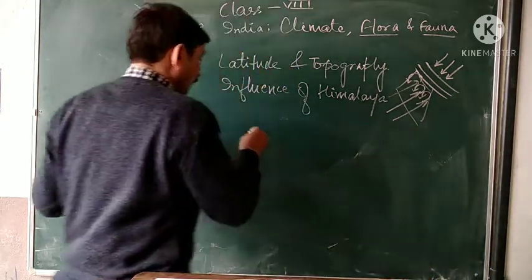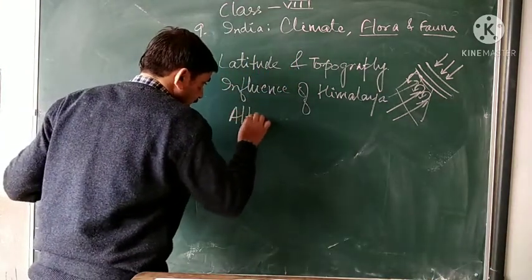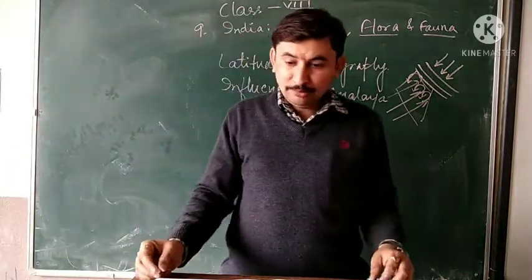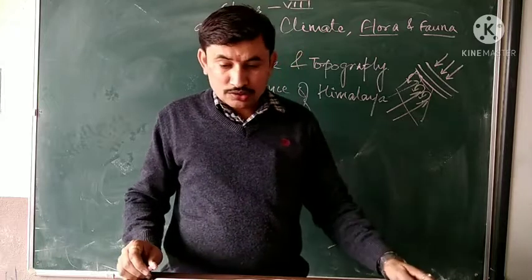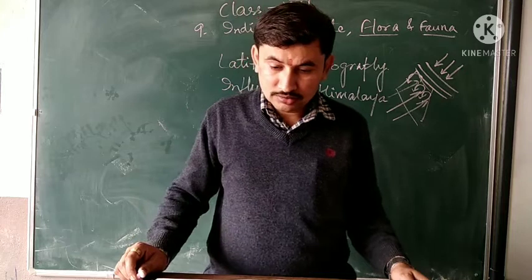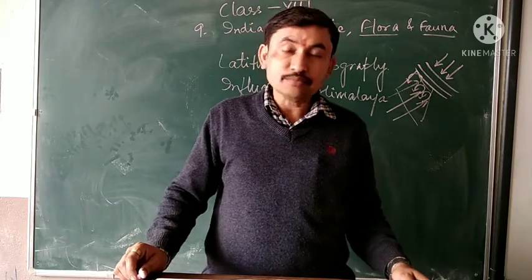Next one is altitude. The temperature decreases with the increase in altitude. One degree Celsius of temperature decreases after every 166 meters.